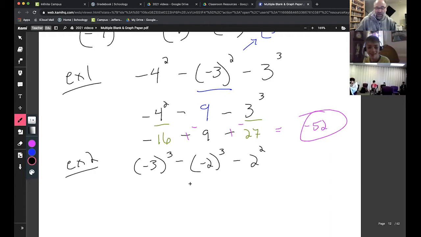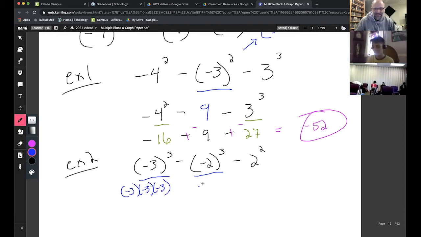Now, watch this. Let's do this together, okay, guys? Let's do it real slow. We're doing parentheses first. So this whole thing gets cubed. So this is negative 3 times itself 3 times, right? And this is negative 2 times itself 3 times.